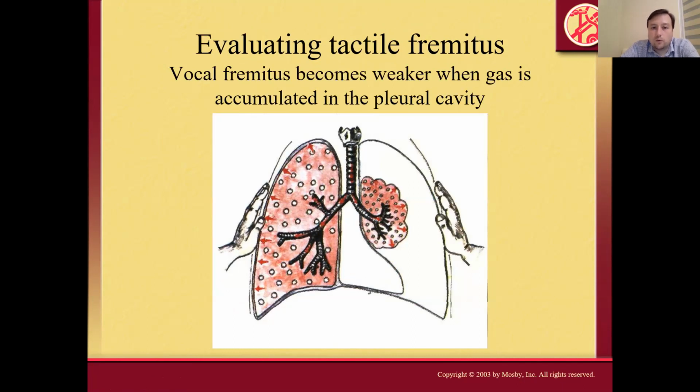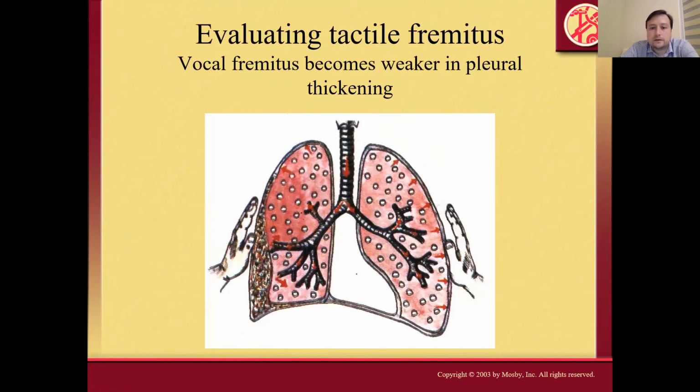Next one, vocal parameters also become weaker when gas is accumulated in the pleural cavity. Again, left part of our picture, normal tactile parameters, right part, it is weaker. Next one, vocal parameters become weaker in pleural thickening. In this picture, the right part of the lung is normal.